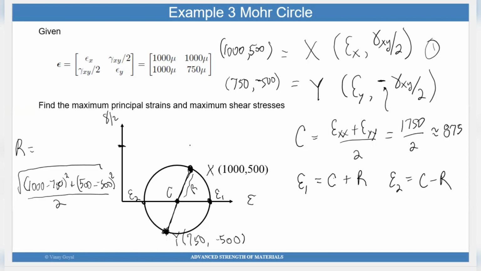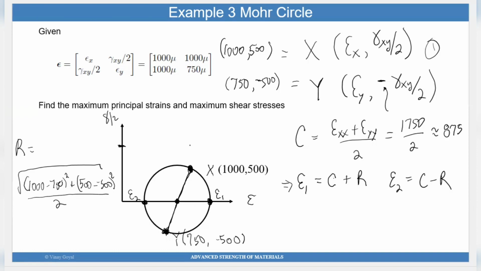That gives me the distance between these two points, divided by 2, which gives me the radius. Once I know the center, the center plus the radius gives me this principal strain, and the center minus the radius gives me this principal strain. And so I'm able to find the principal strains very quickly. As you can see, the process is relatively easy to follow.